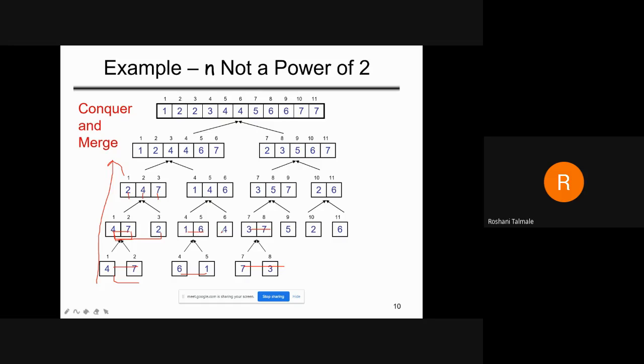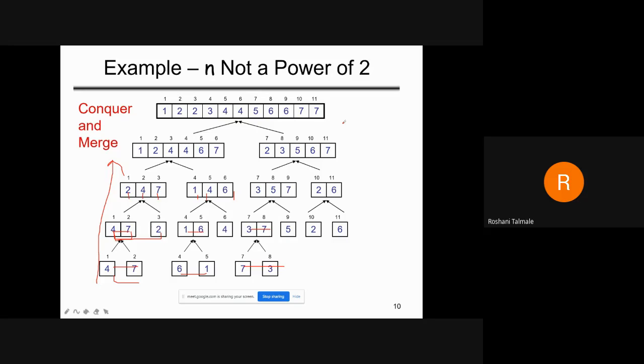Similarly, for 1 and the 4, we will keep the 1 over here. 4 is there and the 6 is there. Got the point? So in similar steps, we have to go to upward positions by putting the elements in the proper array. And finally, you will get the answer 1, 2, 2, 3, 4, 4, 5, 6, 6, 7, 7. This is the sorted array.